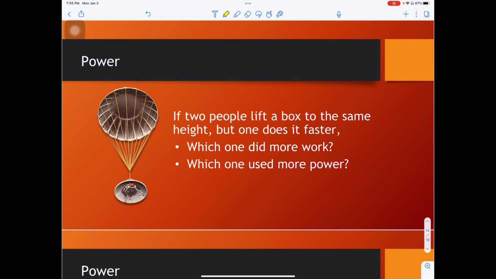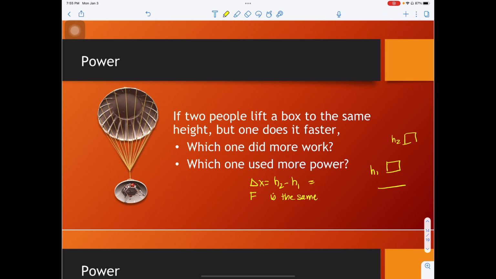So we've got a box, and we're just going to say that our box is going from H1 up to H2. So we know that for each box, our delta x is going to be H2 minus H1. It's the same box, so F is the same.